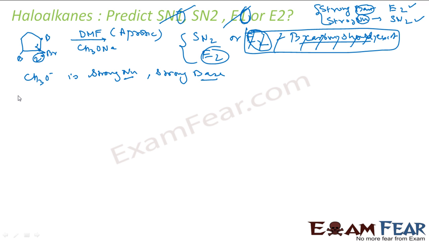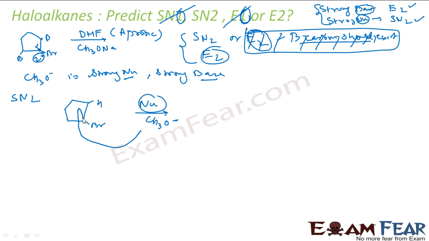So let's see what the product will be if we go for the SN2 reaction. This is my compound, this is H. I'm going for SN2, which means I'm talking about a strong nucleophile. So this is my nucleophile. The nucleophile attacks what? It attacks carbon, this carbon.